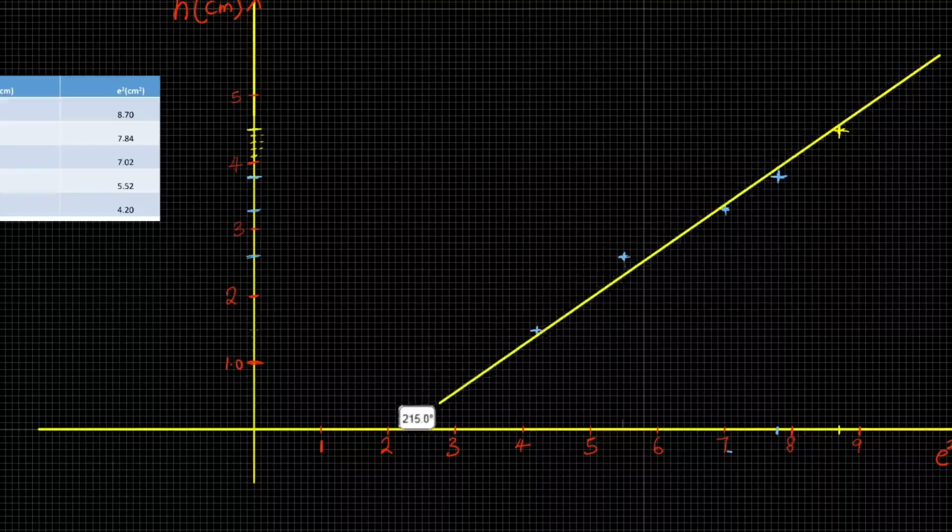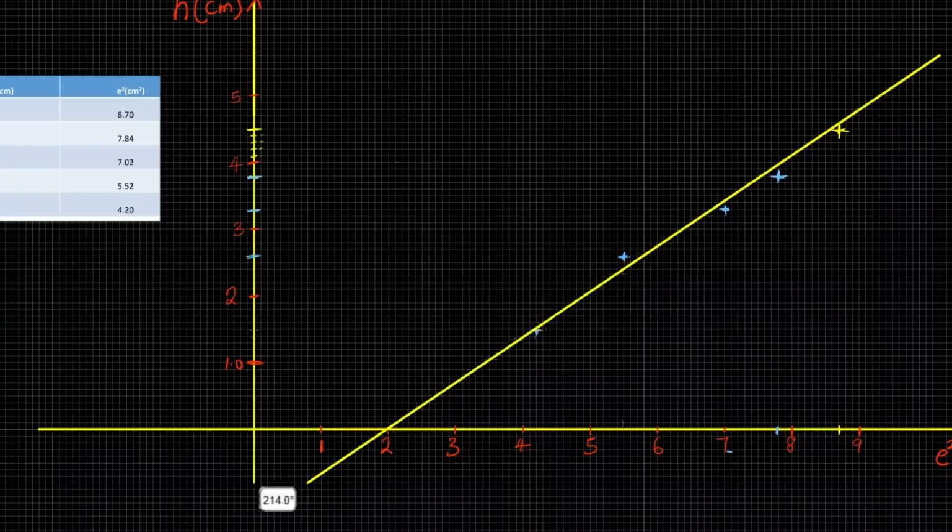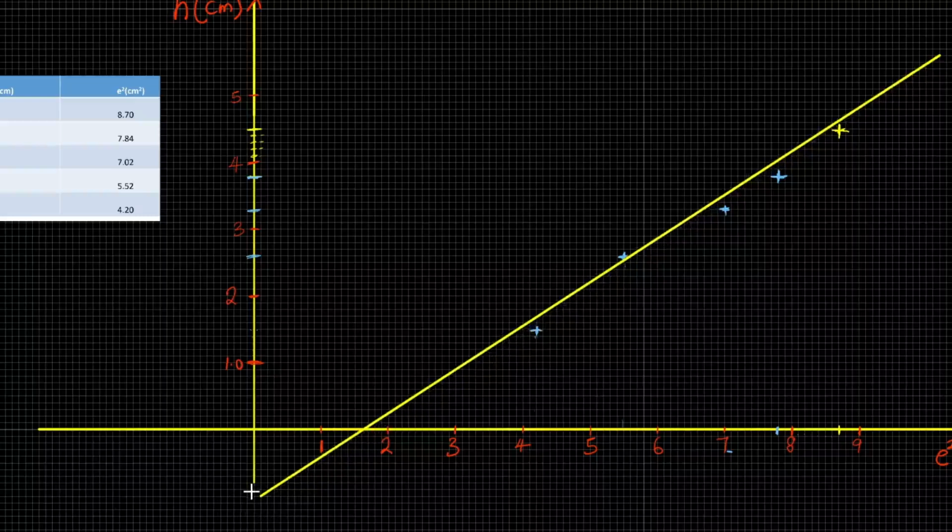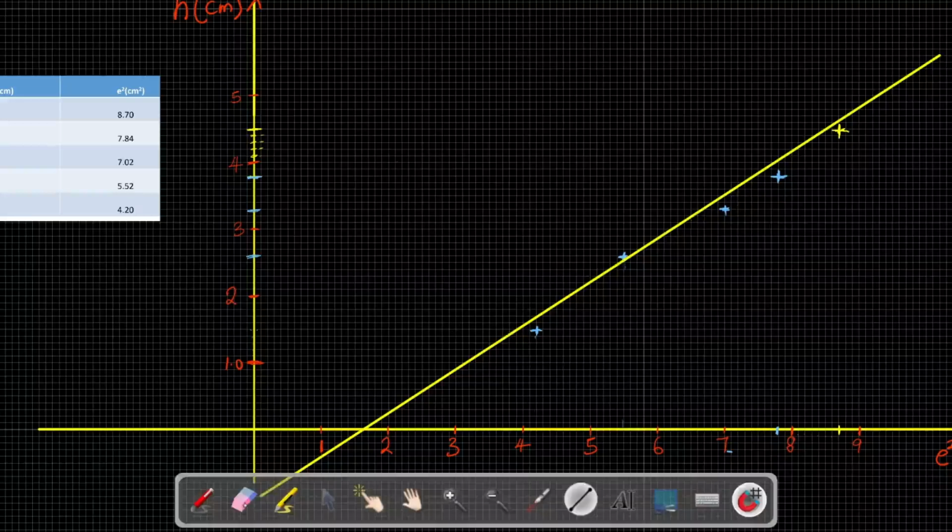That's not correct. This is also not a line of best fit because this point is out here, this point out here, this out. No, this cannot be a line of best fit.